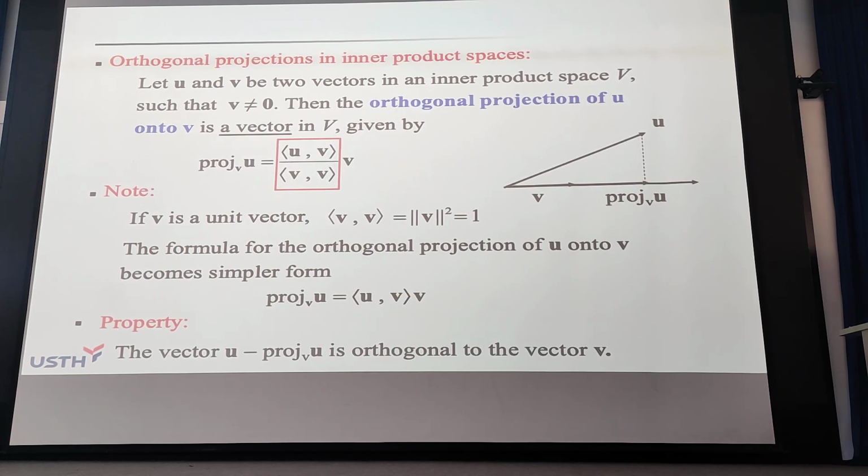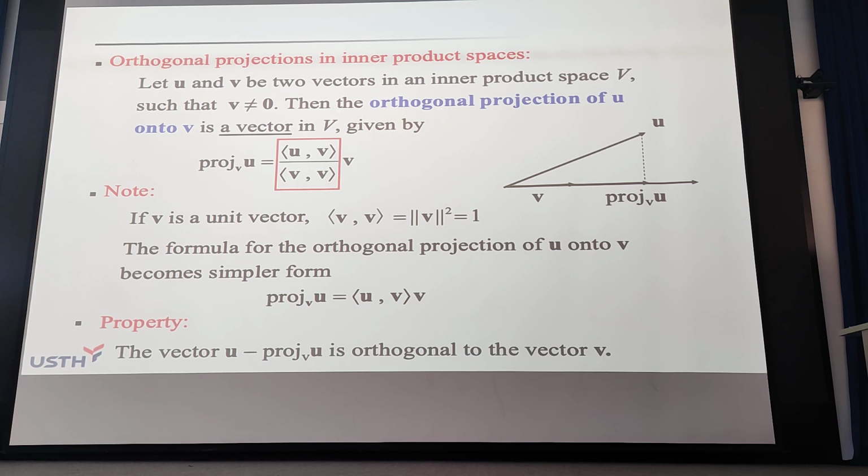But then the most important thing for inner product is the notion of orthogonal. And we know orthogonal already. And the next is the orthogonal projection. Here I explain to you. Suppose that you are given U and V, two vectors in an inner product space, and suppose that the vector V is non-zero.